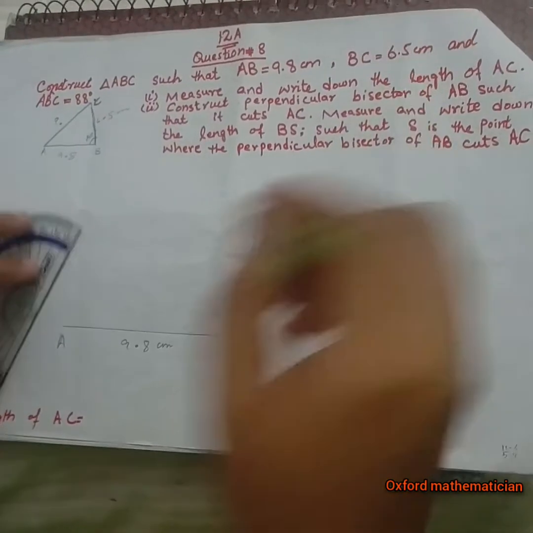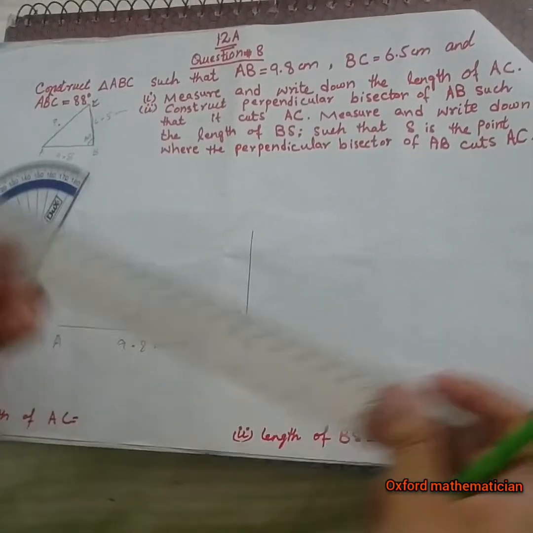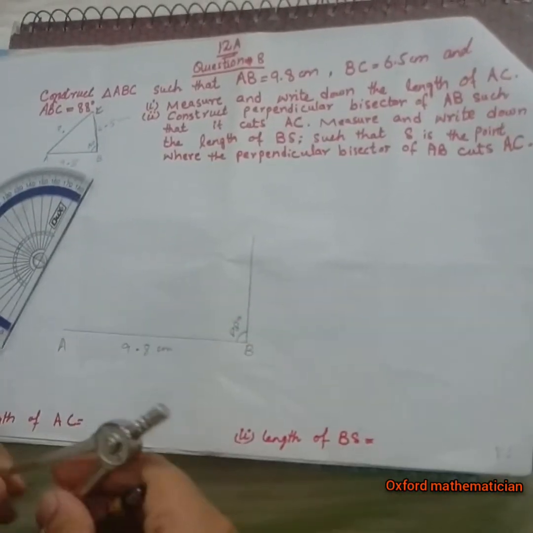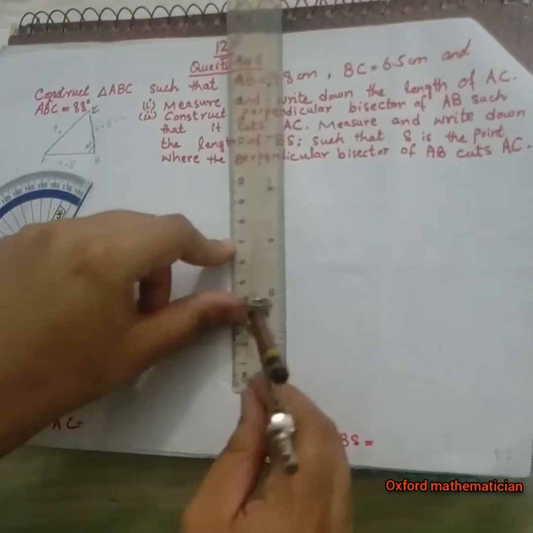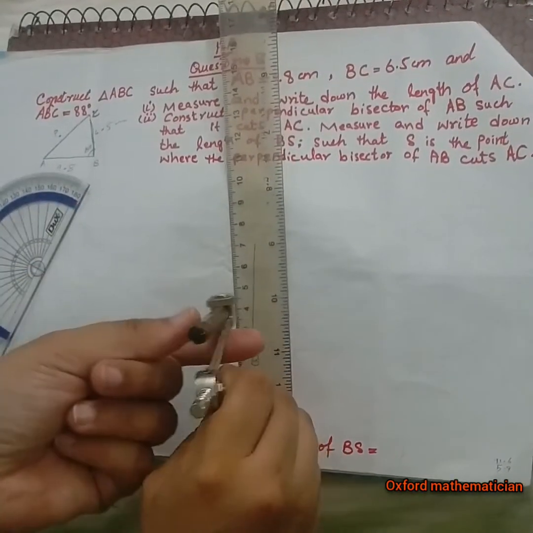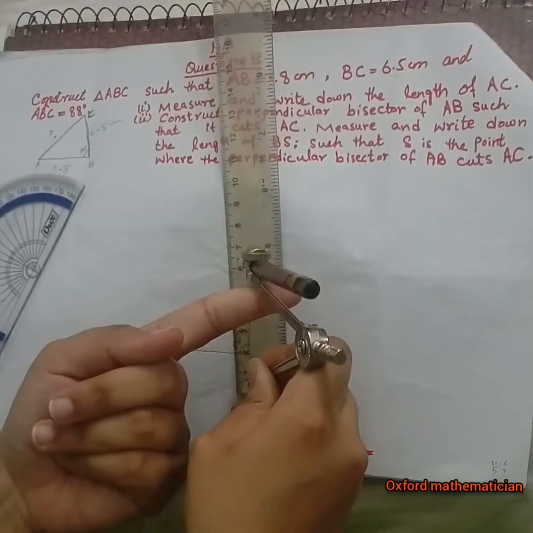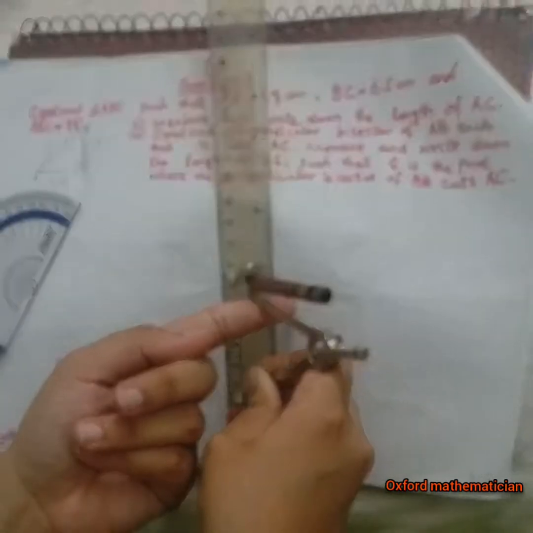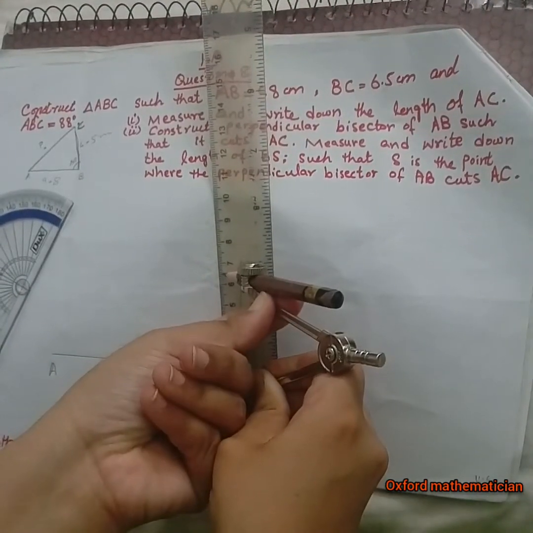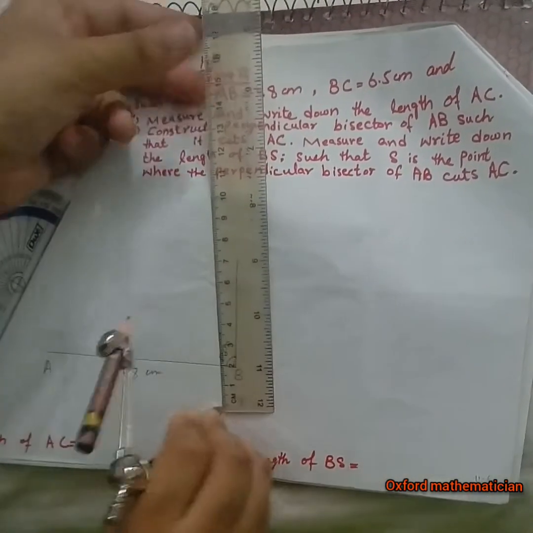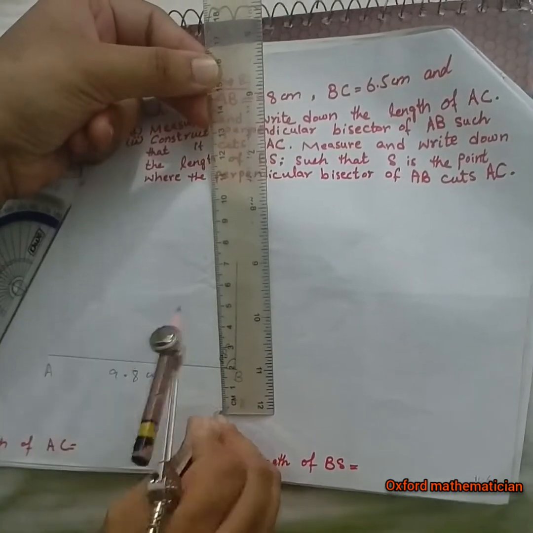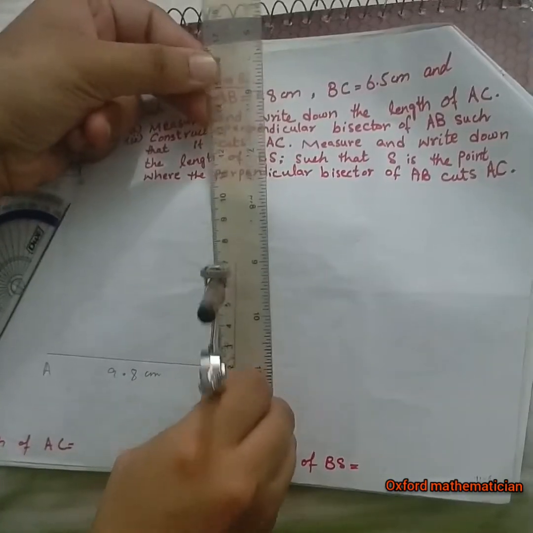The 6.5 centimeter line, firstly we measure it from the scale. Here is the point 0 and here is the point 6.5. Firstly we checked it has the 0 point and it has the 6.5.